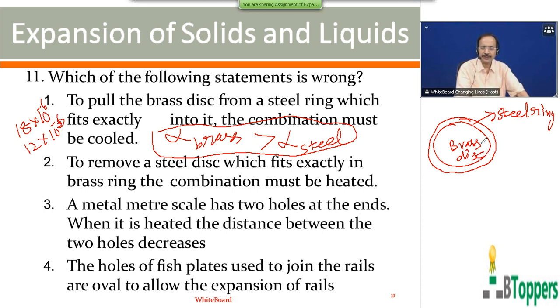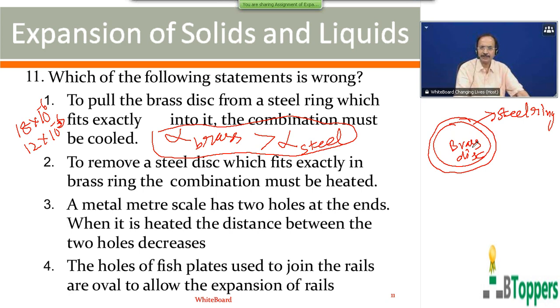If you want to pull out the brass disc, suppose the combination is heated, because alpha for brass is more than alpha for steel, the increase in the circumference or perimeter of brass will be more than the increase in circumference or perimeter of the steel ring. That means the brass disc expands more compared to steel for the same original length.